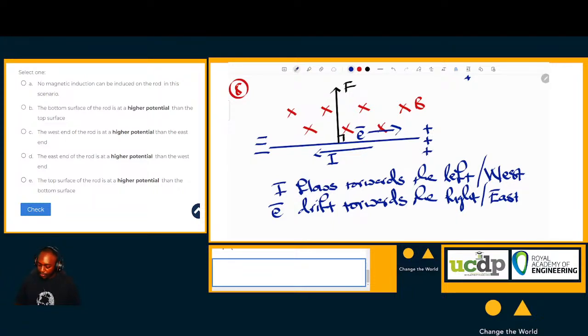So what that means is that the higher potential is at the right side, which is the east side. So the east side has a higher potential than the west end. That is how you would answer this question.